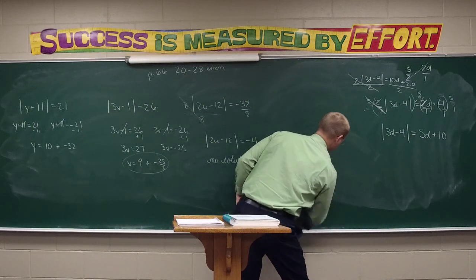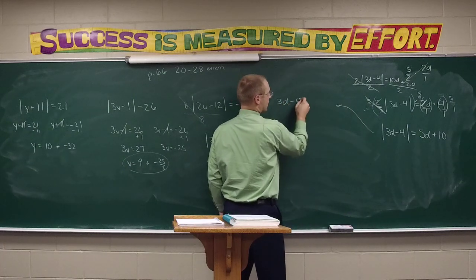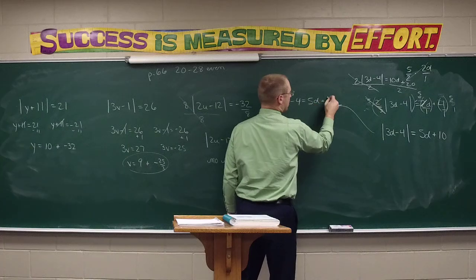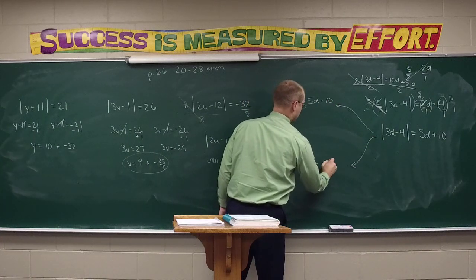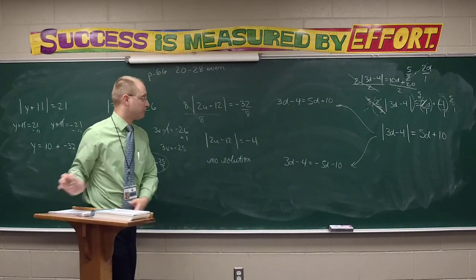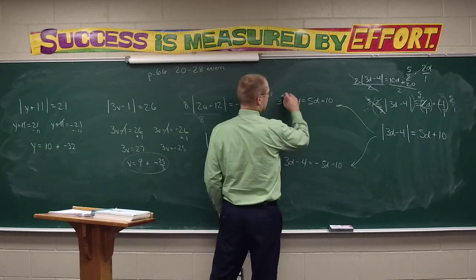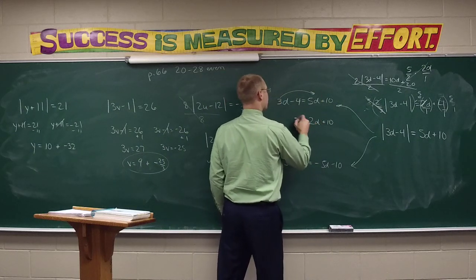Walk us through. You get 3D minus 4 equals 5D plus 10. And then 3D minus 4 equals negative 5D minus 10. All right, sliding this out of the way. Now what? We move the 3D over, and 2D plus 10 equals negative 12.